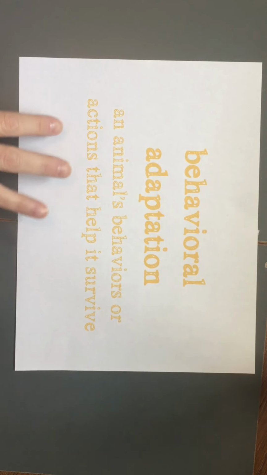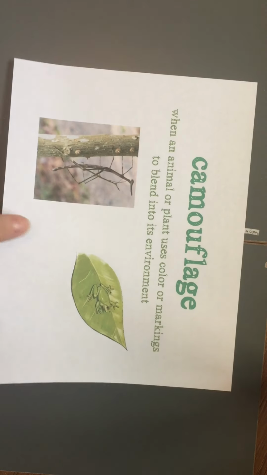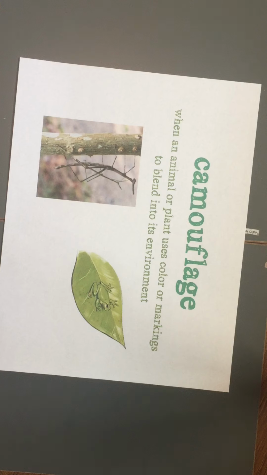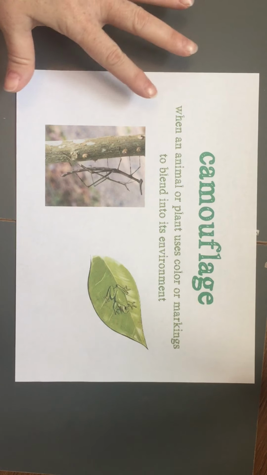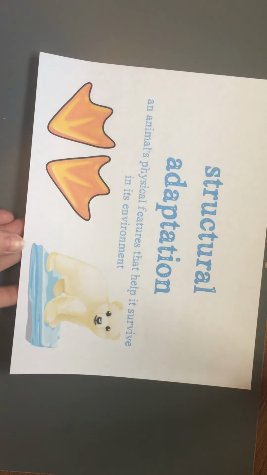I want to wrap up this video talking about your behavioral adaptations. So these are the things that animals do, the behaviors that they display in order to survive. Remember the word camouflage. This is the ability of an animal to blend in, either by the way they look, the markings they have, or their color.